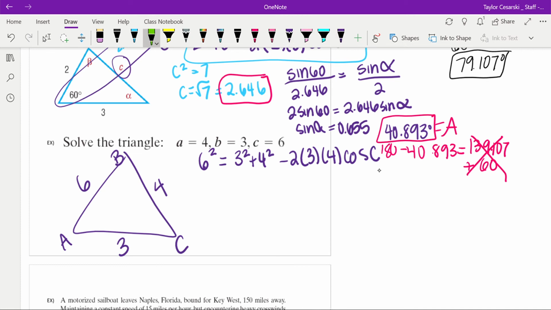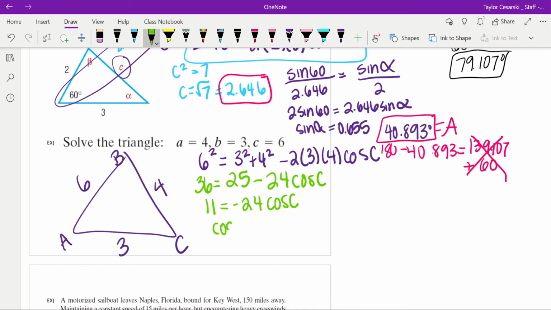Alright, so 36. This one we are going to have to do math because cosine of C is not a number. So 3 squared plus 4 squared is 25. Minus 2 times 3 times 4 is 24 cosine of C. So I'm going to subtract 25 from both sides, 36 minus 25, and I get 11 equals negative 24 cosine of C. Alright, and then I'm going to divide both sides by negative 24.